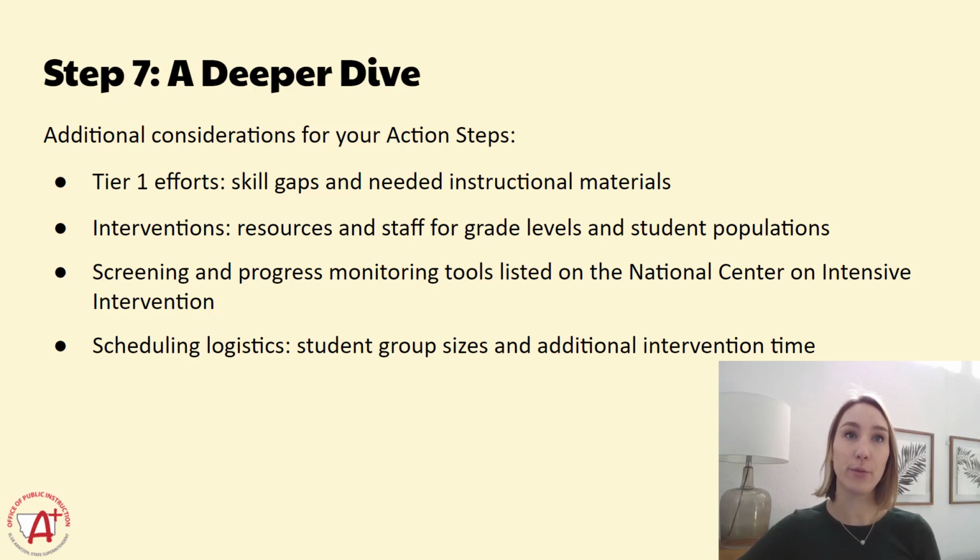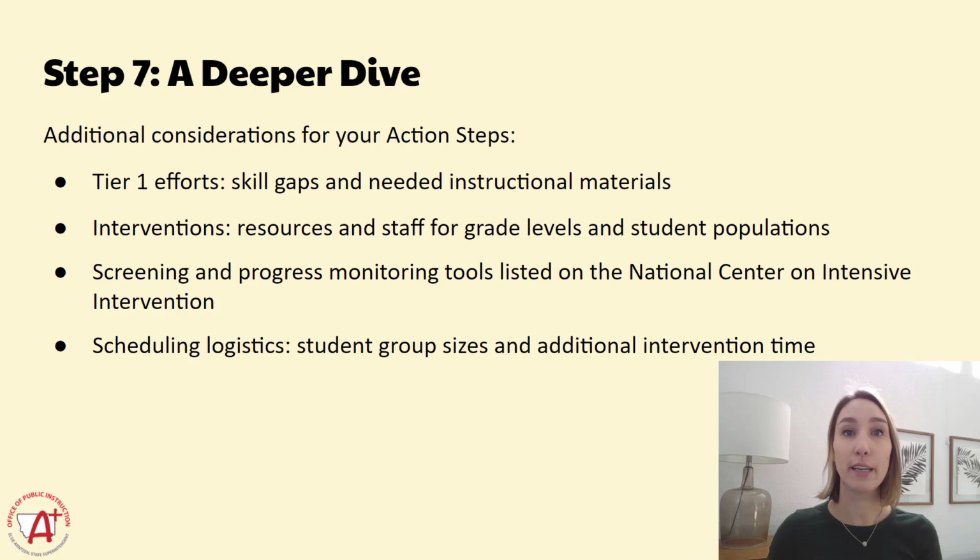Here are some additional areas you might consider. For Tier 1 efforts, think about the skill gaps that you need to target for students and any instructional materials you might need to order for next year. Also think about where to focus resources and staff, such as paras and interventionists, for specific grade levels and populations. For screening and progress monitoring tools, check out the National Center on Intensive Intervention.